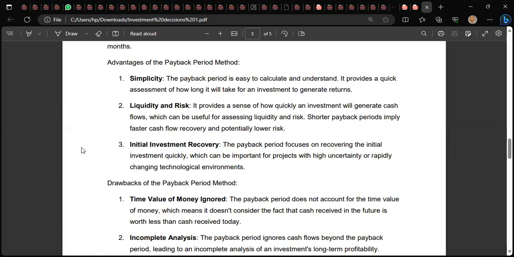And then, it focuses on the initial investment recovery, which can be important for projects with high uncertainty and rapidly changing technological environments. So if you're going to be in the tech industry, then you want a project with as short a payback period as possible.